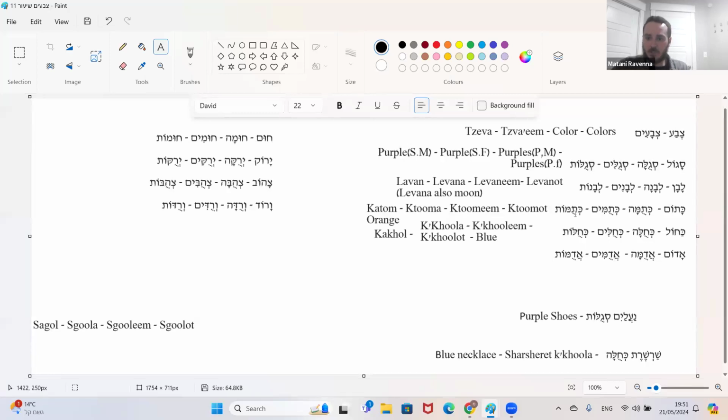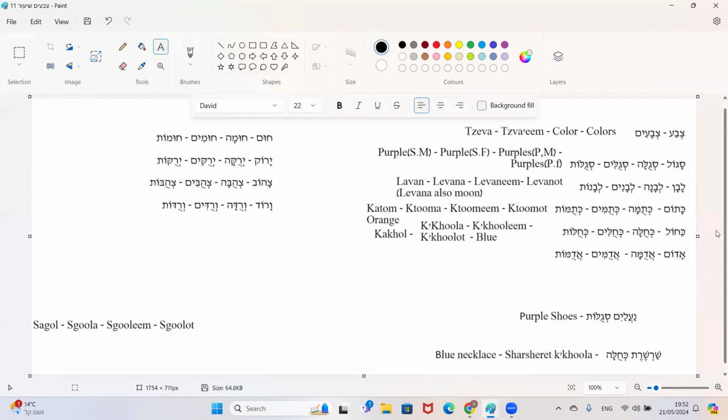If there are no questions, I'll move on to the next example. Does anyone want to try reading it? And I'm moving my cursor around it now. Adom. Well done. Which means red. Aduma.